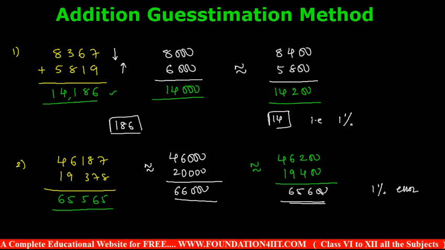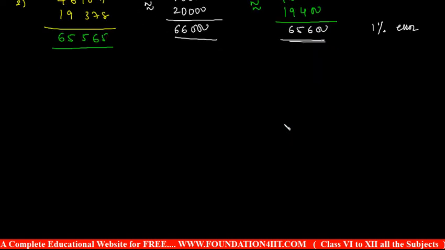One simple technique, and you can apply it in supermarkets. Let me show one simple example of guesstimating in a supermarket. For example, you purchase some items. Instead of doing calculations, we round to the nearest 50 cents.